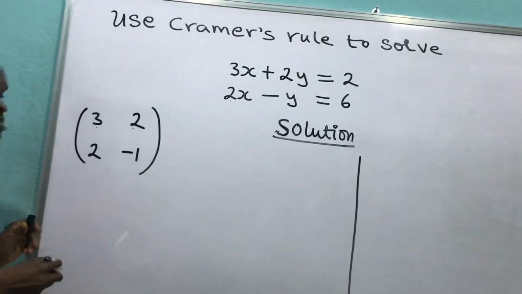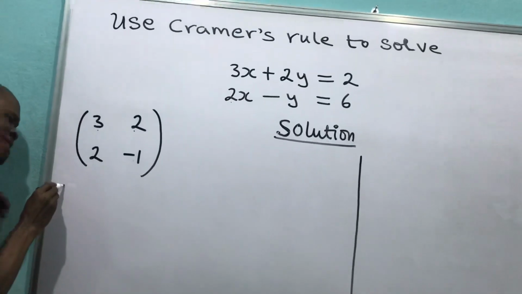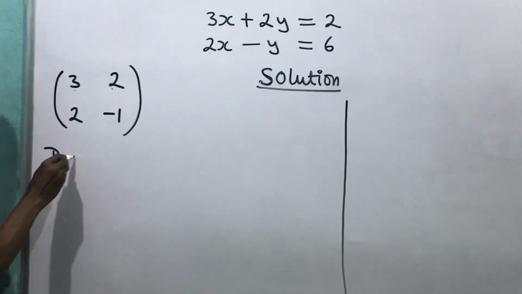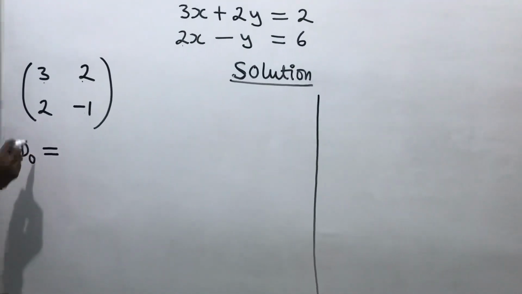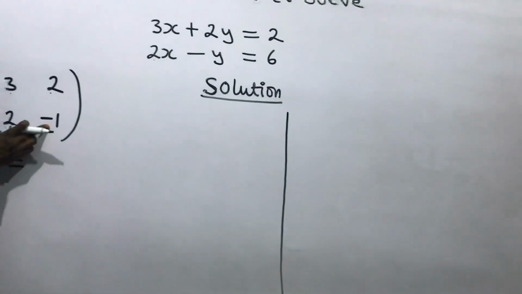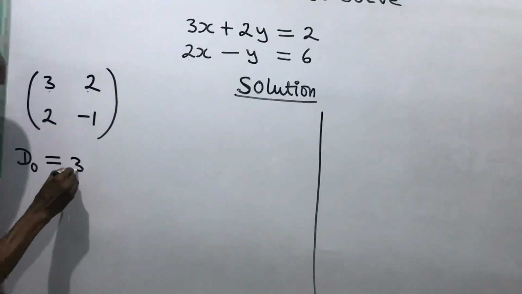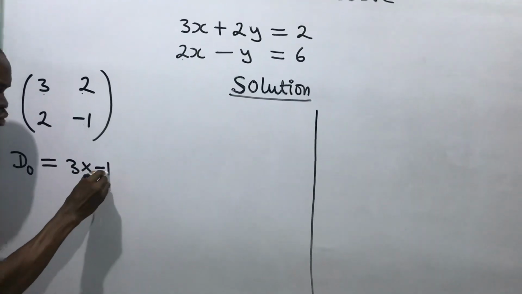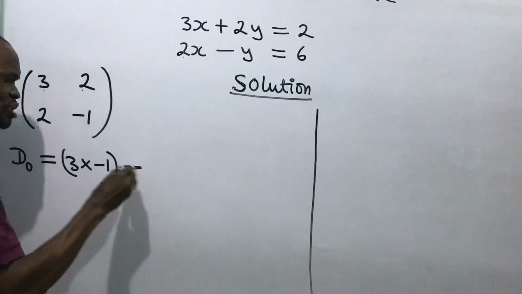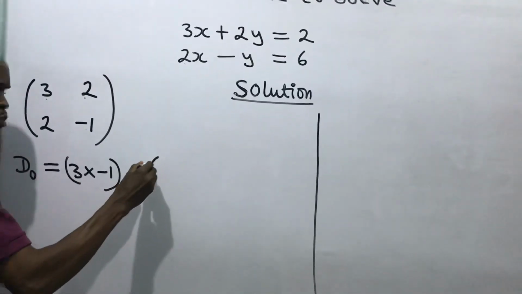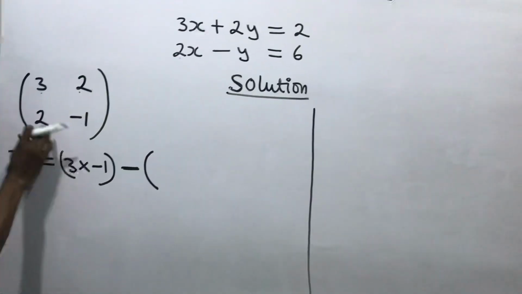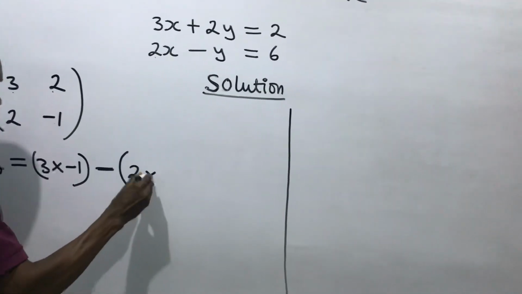That's my determinant. Then I have to get my determinant called D0. Determinant D0 is equal to this times this: 3 times minus 1, in brackets, minus, this minus is constant, then I open bracket again, 2 times 2.